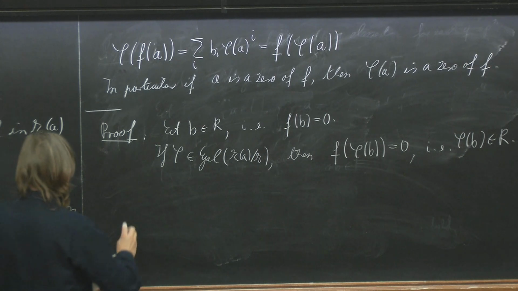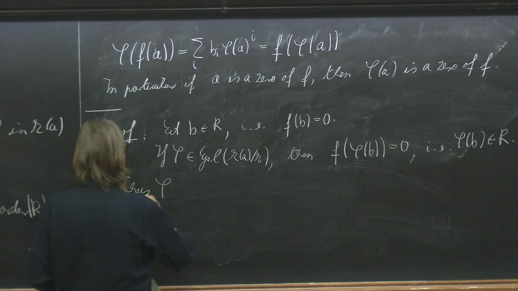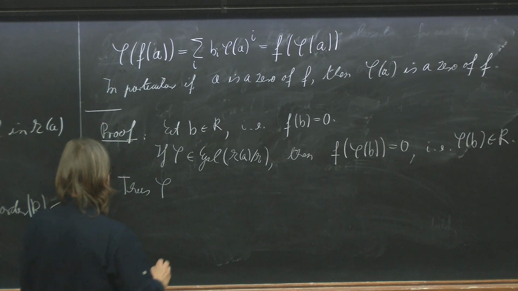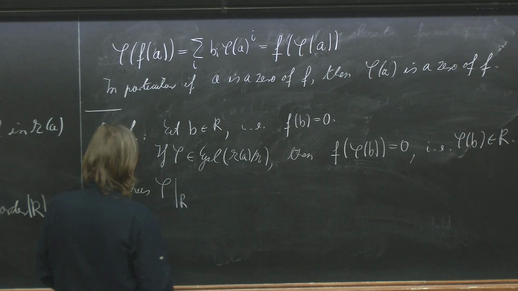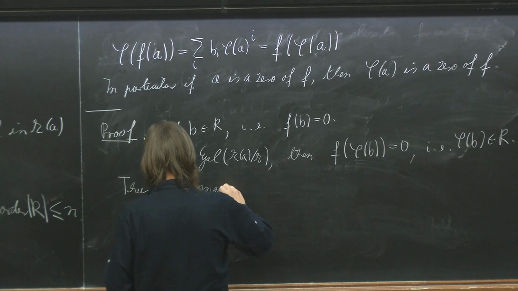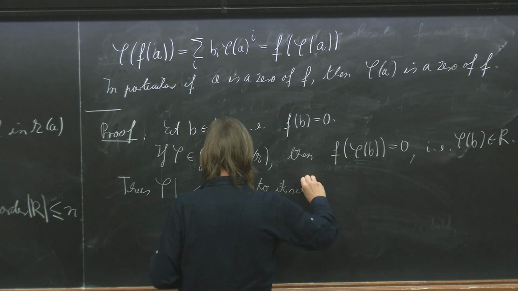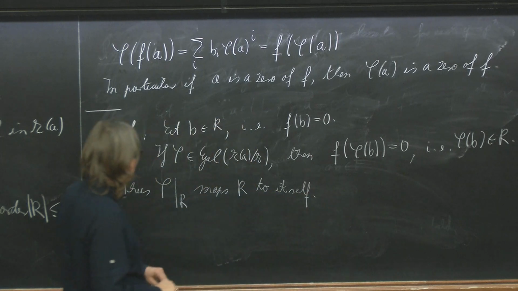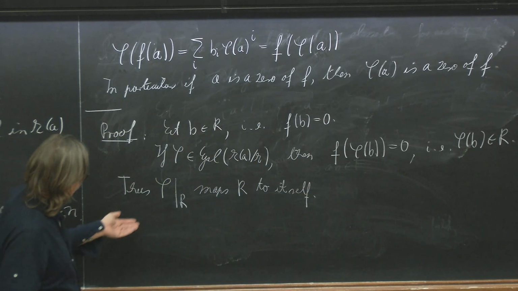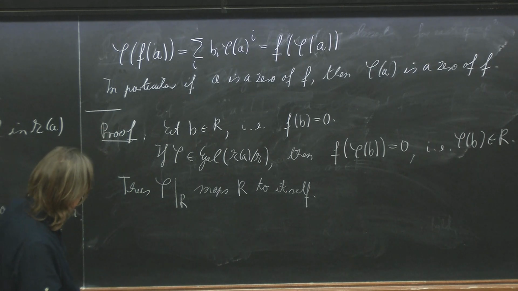So thus, if we take phi, our element in the Galois group, and restrict it to R, this maps R into itself. Obviously, phi is injective because it's an isomorphism of fields. In particular, its restriction to R is injective.